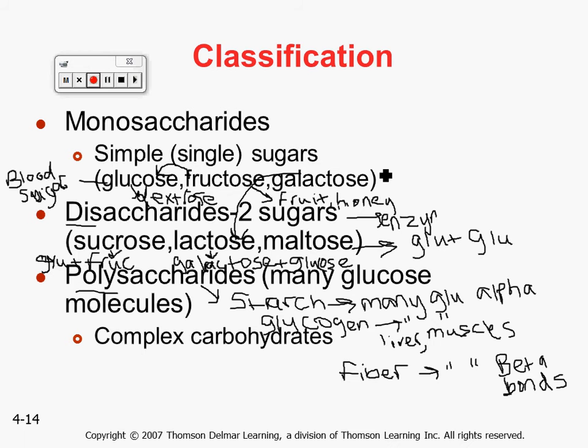Monosaccharides are the only ones that can be absorbed by our small intestine. We get into the chapter on digestion, you guys will be good to go. Okay? So only glucose, fructose, and galactose can be absorbed by our small intestine cells. So these guys are going to have to be broken apart before they can be absorbed.